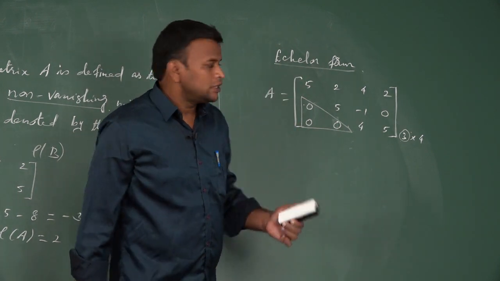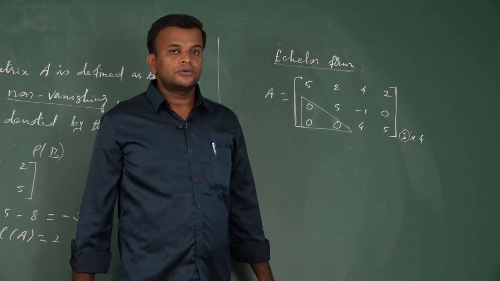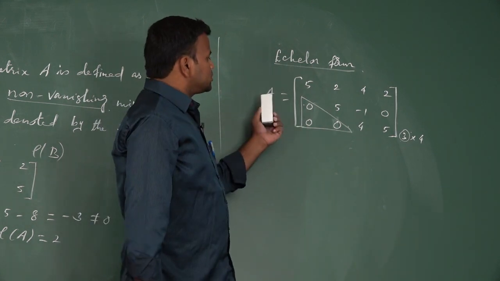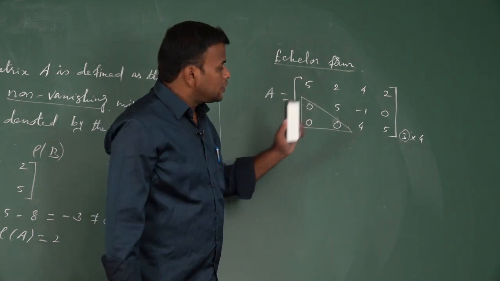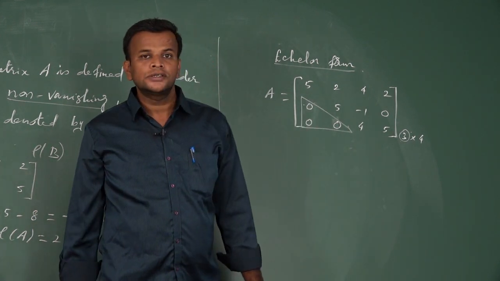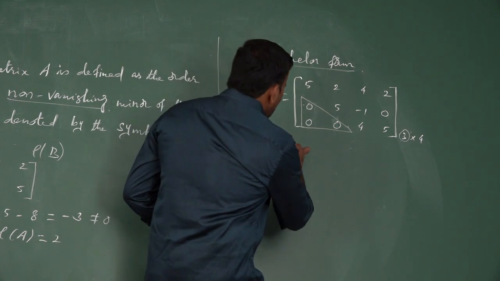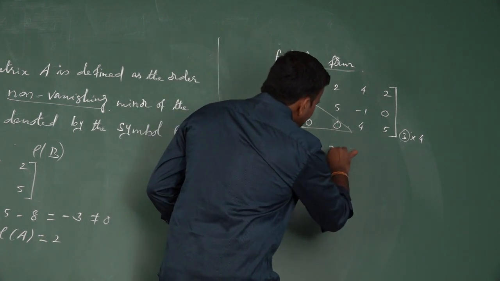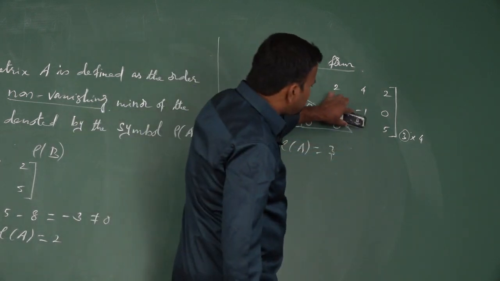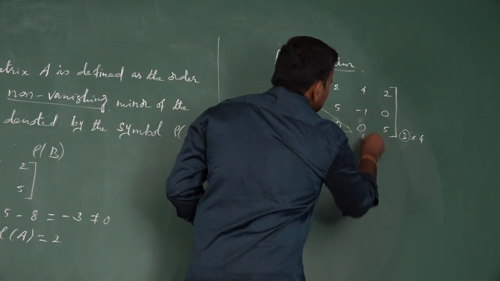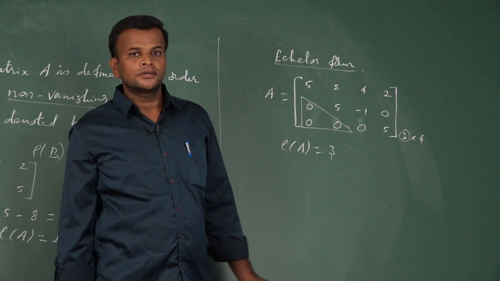Then next we check the number of non-zero rows. Suppose after some elementary operations we get the value of A. You see the number of non-zero rows is 3, so the rank of A is equal to 3. Or if this value also becomes 0, what is the rank?